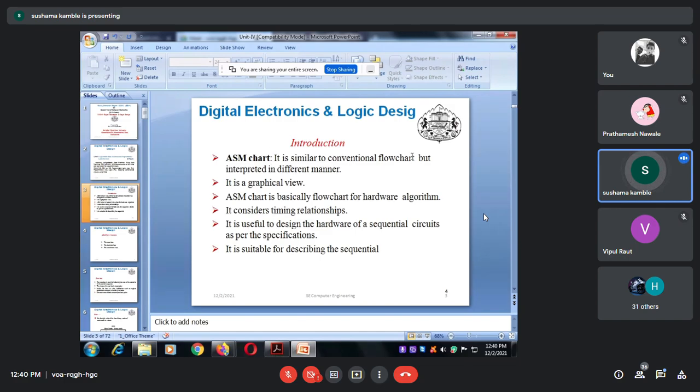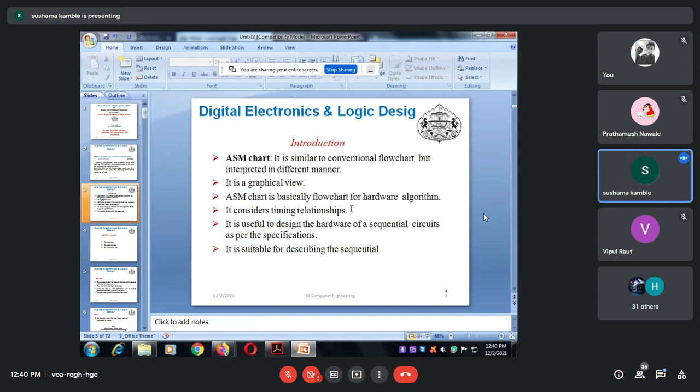It is similar to the conventional flowchart, but interpreted in a different manner. Just as there are conventions there, here also there are conventions. It is also a graphical view, and it is also called a flow chart, but it is basically a flow chart for hardware algorithms. When you write steps for software, we call it a flow chart. But when it is a hardware algorithm, then we call it an ASM chart. When you write an algorithm for any hardware, step by step methods, and at that time you make a flow chart, then that flow chart is called an ASM.